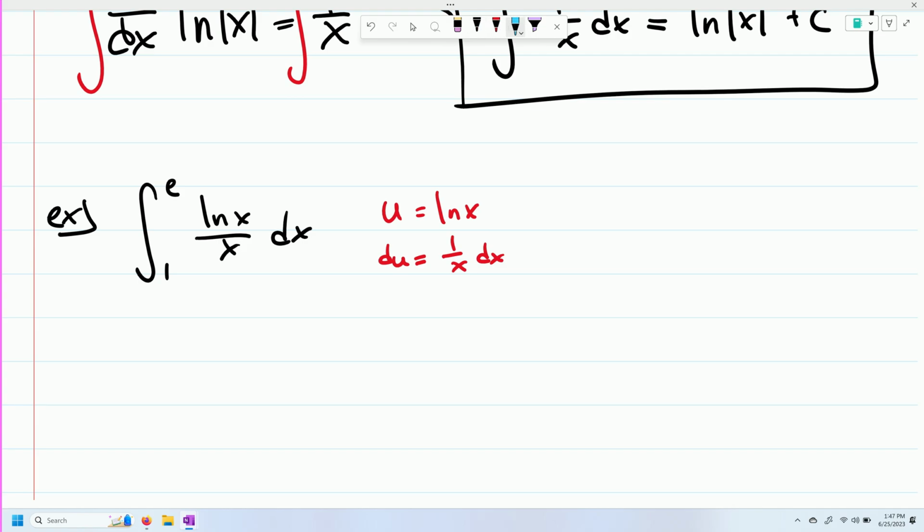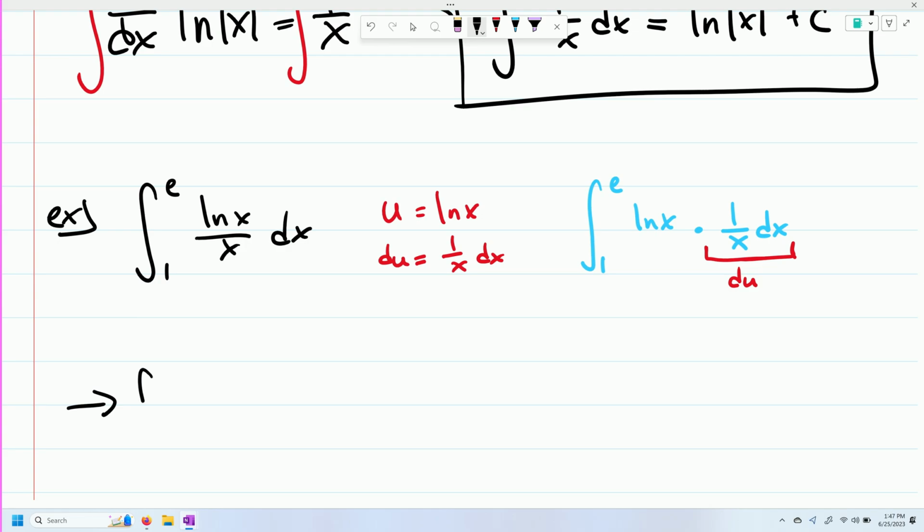Because if we rewrite this as the integral from 1 to e, I can rewrite this as the natural log of x times 1 over x dx. And right here is my du.